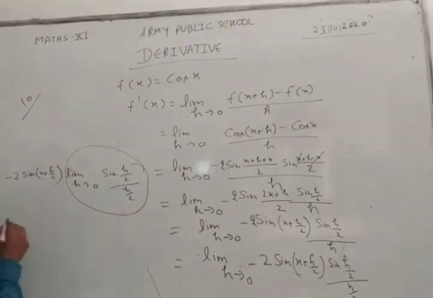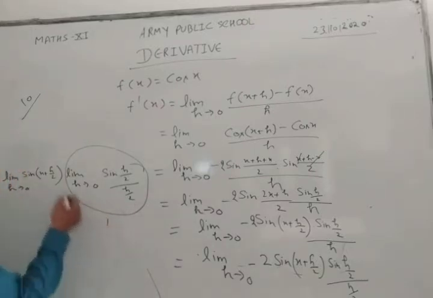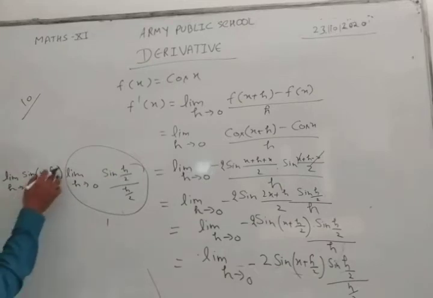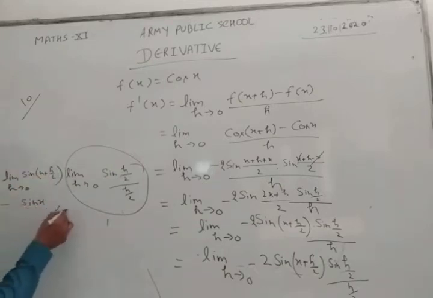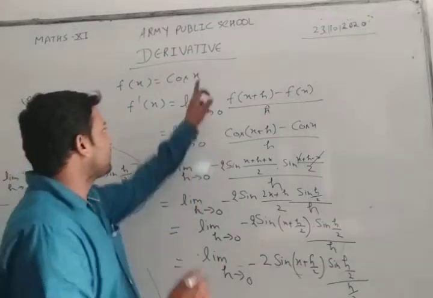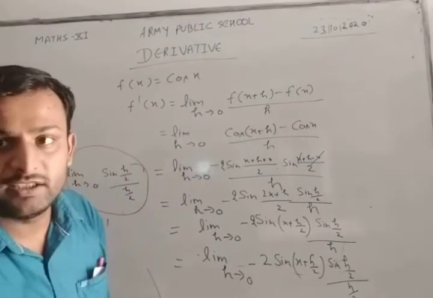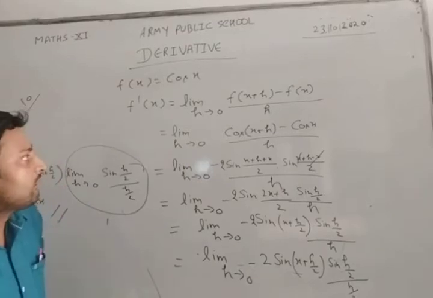And here also minus 2, this 2 will reduce. Now we put the limit as 0, so we get minus sin x. So the derivative of cos x will be minus sin x.